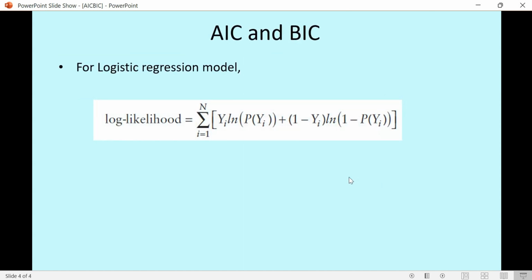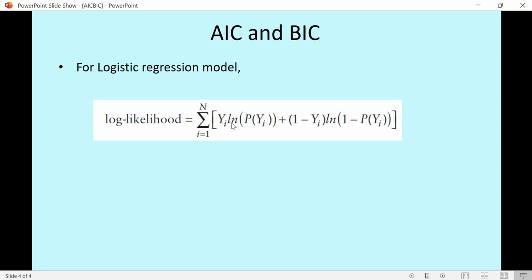For the logistic regression model, the log likelihood calculation is the sum over all the samples. For each observation, yi is the real class label, 1 or 0. So if yi is 1, then 1 minus yi is 0, right?